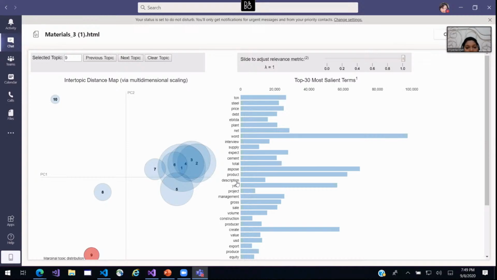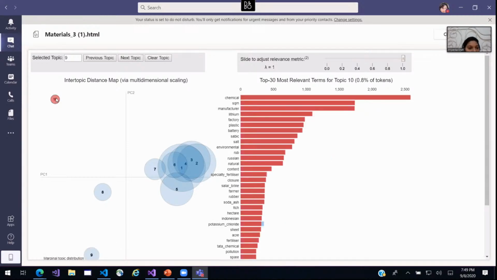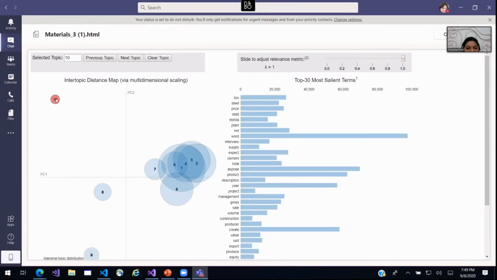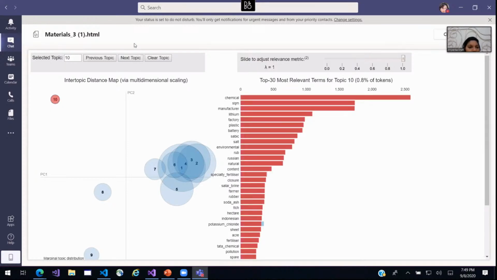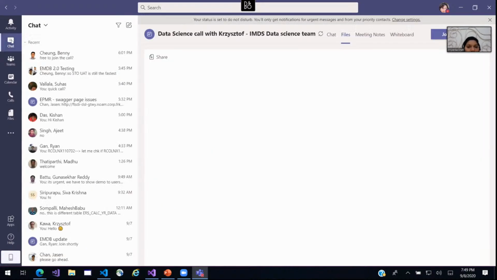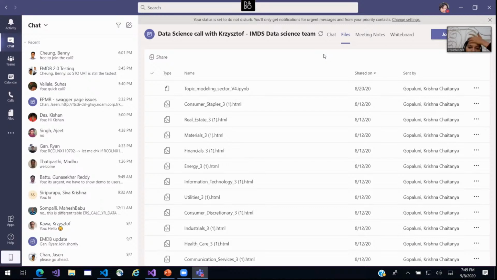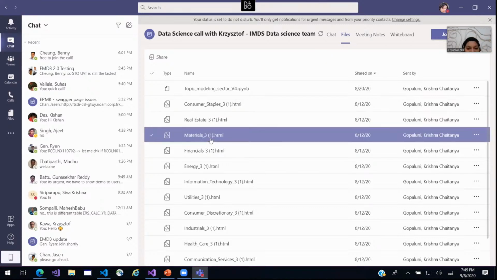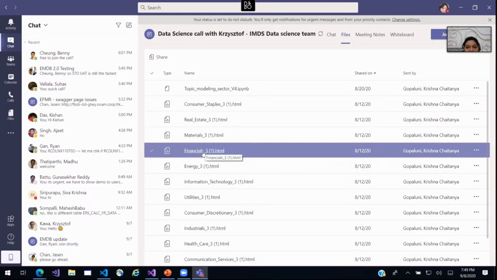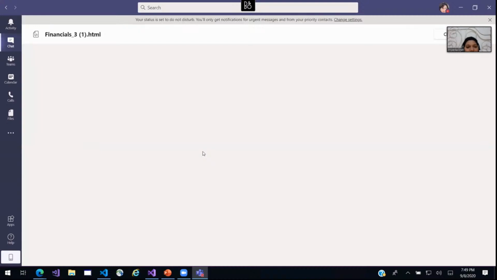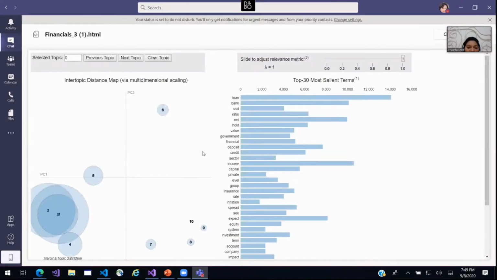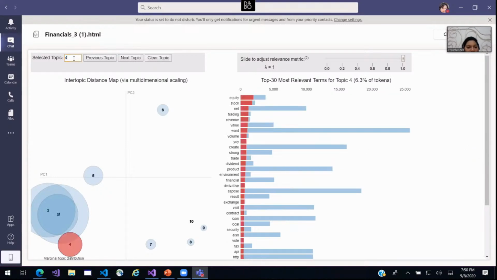Okay, let us look at another topic. Maybe financials. Let's say financials. See, in the financial sector, you see that most of the topics are quite spaced out. Let us look at topic 4, for example.